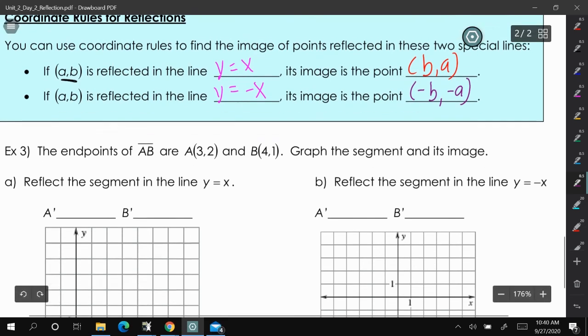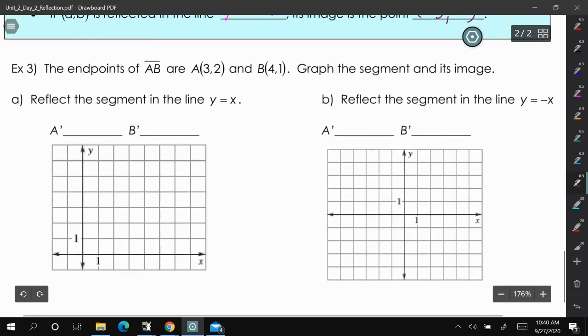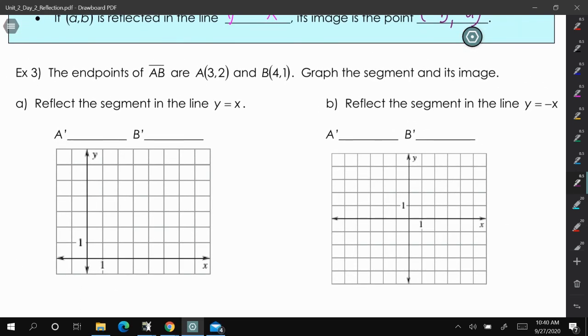So let's finish these last two examples where we are reflecting over the line y equals x and y equals -x. So we have A is (3, 2), and B is (4, 1). So here's a segment, and we're going to reflect over the line y equals x.